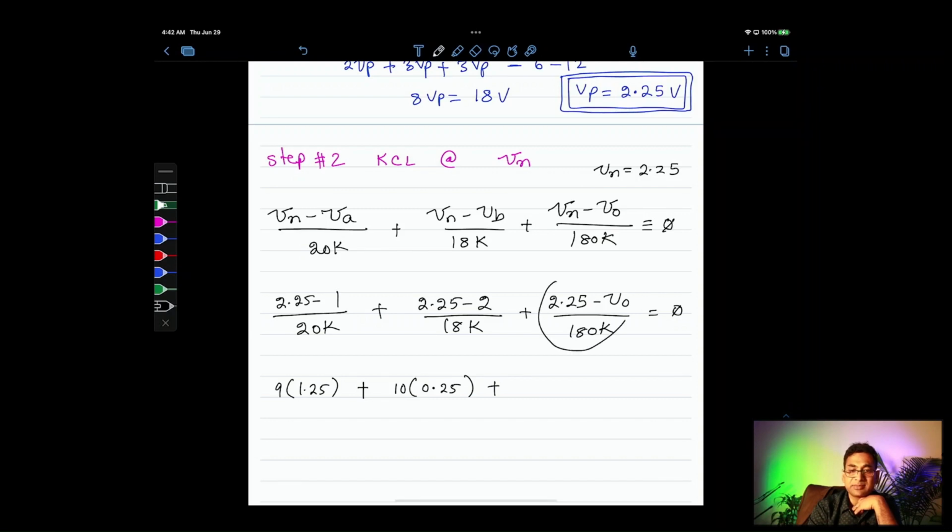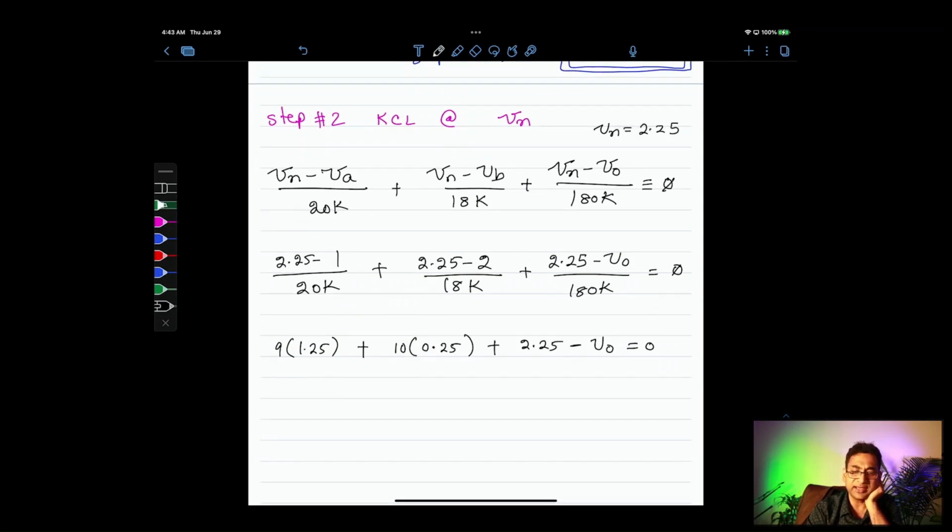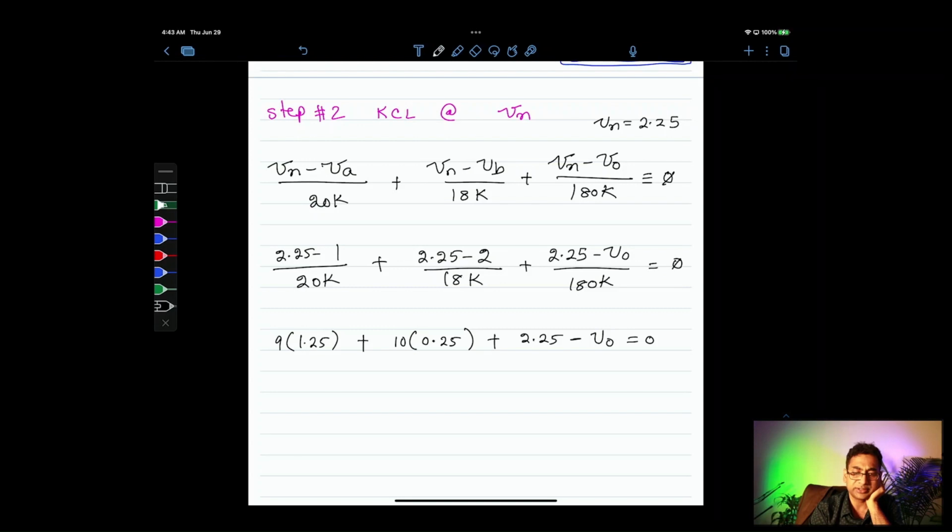Plus the 180k cancels, so 2.25 minus Vo equals 0. So 9 times 1.25 plus 2.5 coming out of this fraction plus 2.25 equals Vo.